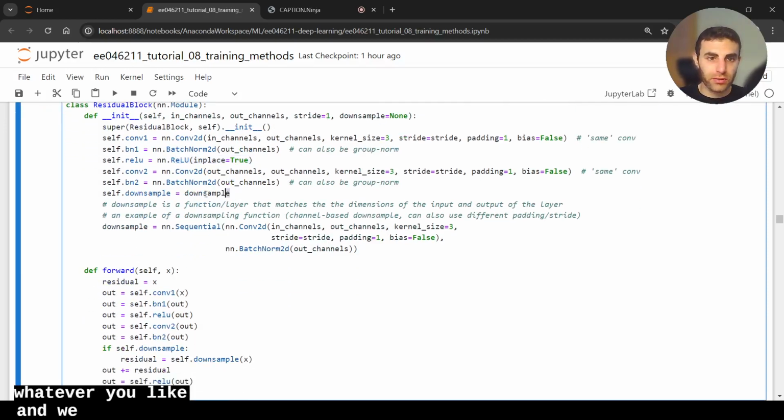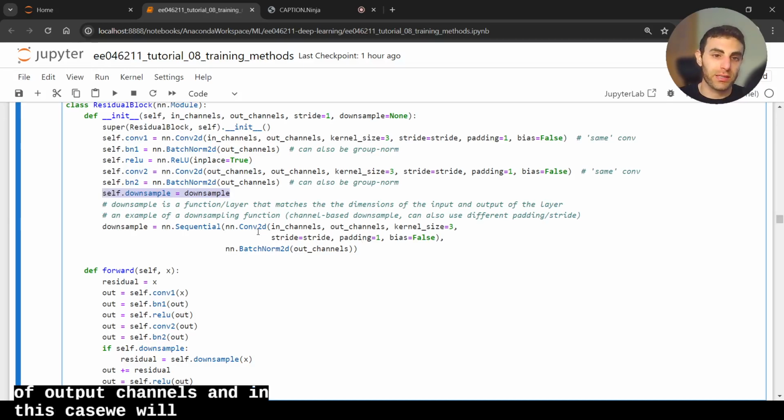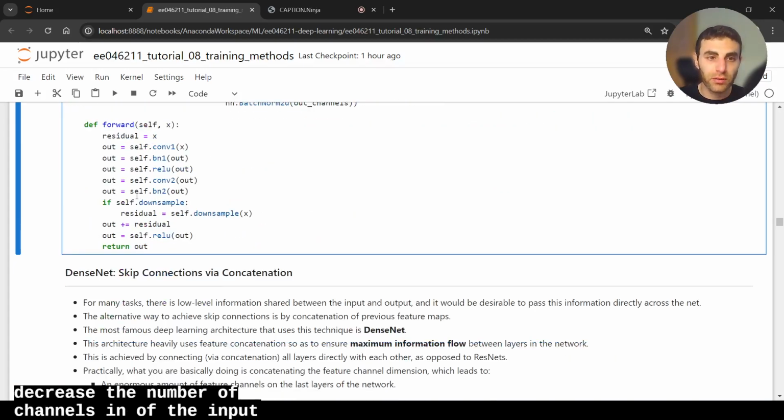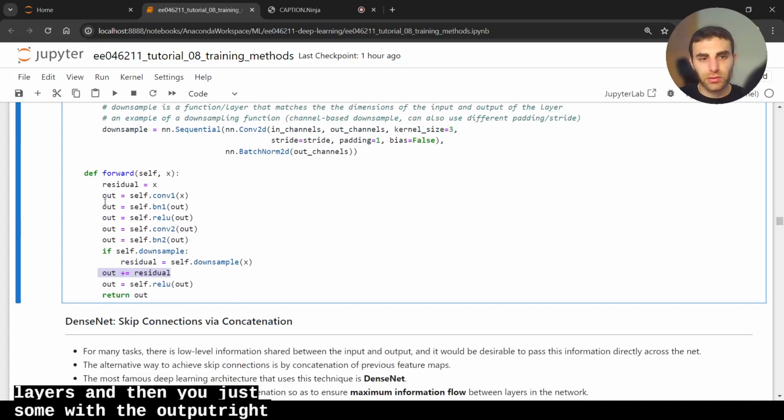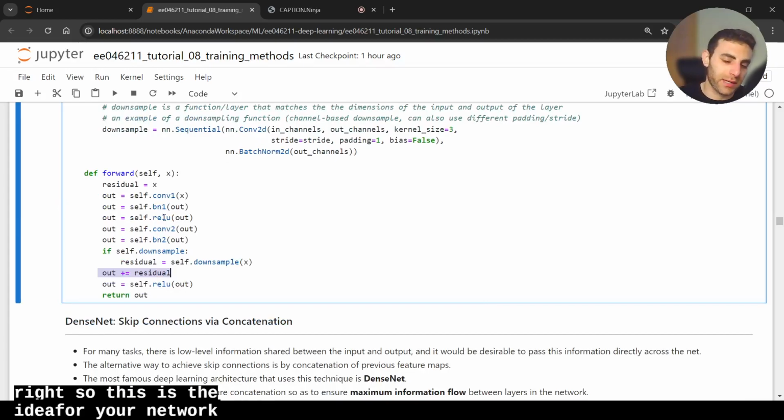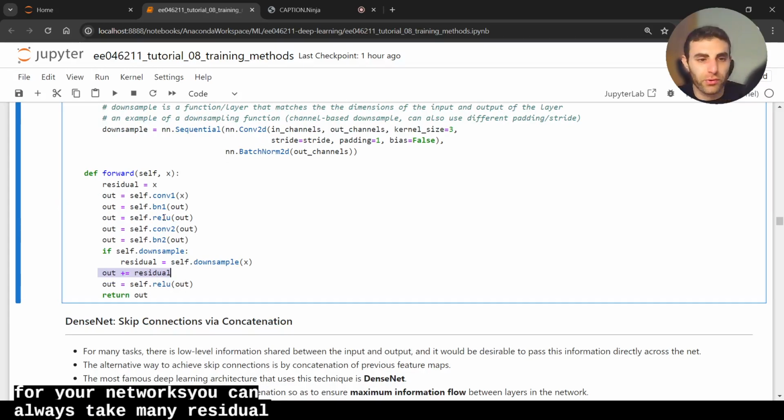We also need to consider cases where the number of input channels does not equal the number of output channels. In this case, we will just need to increase or decrease the number of channels of the input. So you preserve the input, you apply the layers, and then you just sum with the output, right? This is the idea of residual networks. We can now stack many residual layers to create ResNet.